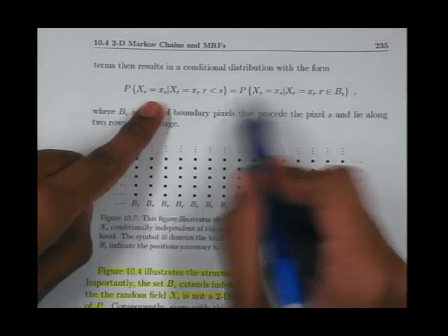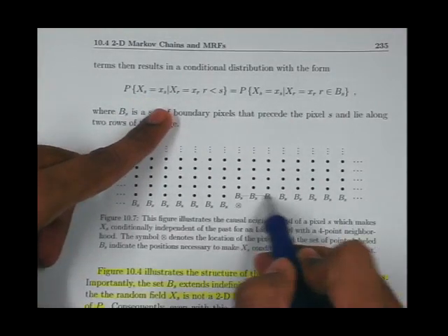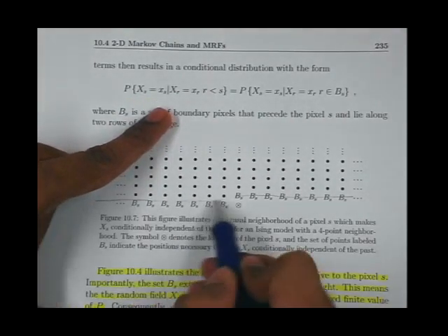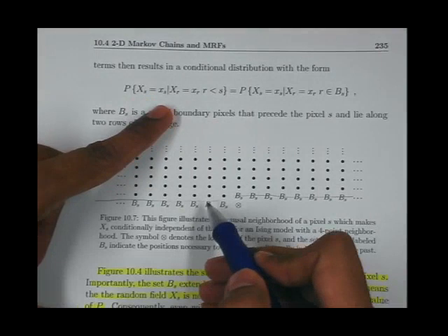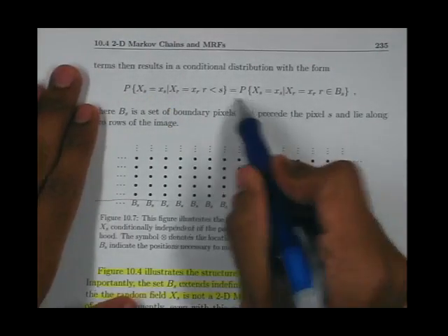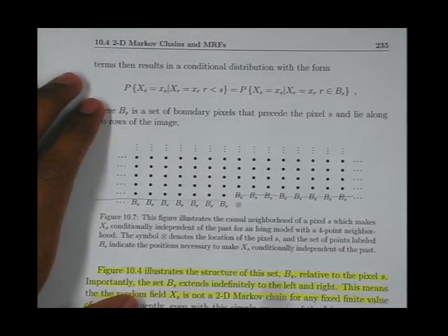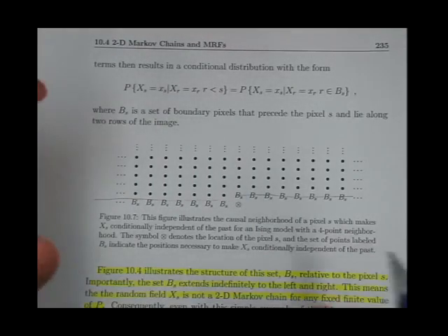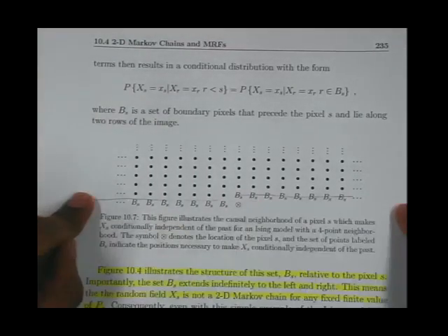It turns out that the probability of a pixel being equal to s given all the past ones will depend upon the entire set of boundary pixels. So there are all these pixels along the boundary, and if we consider an infinite lattice, it turns out that this probability is not just dependent on a little window of order P. In fact, it's dependent on all these.